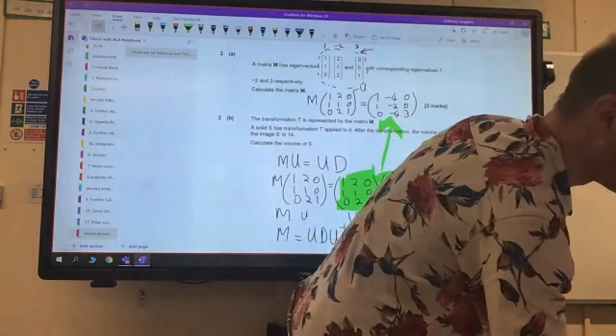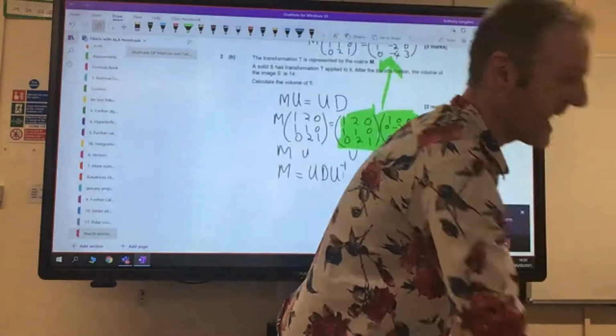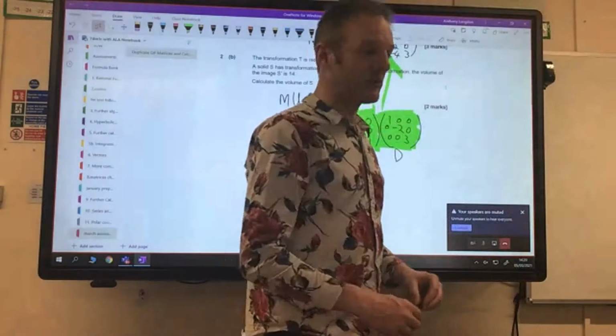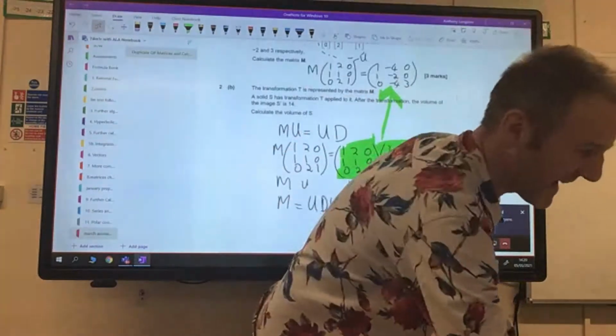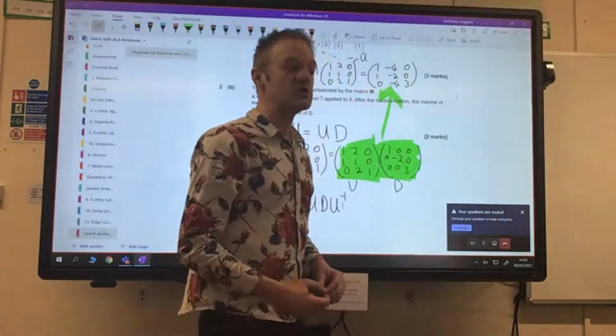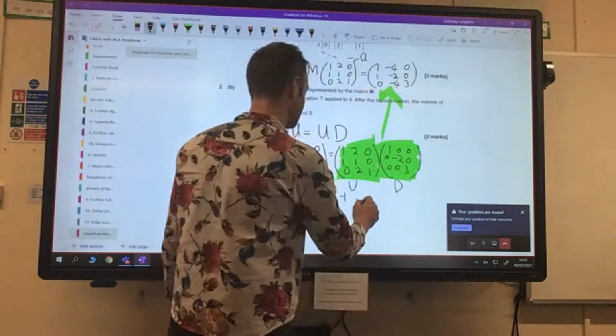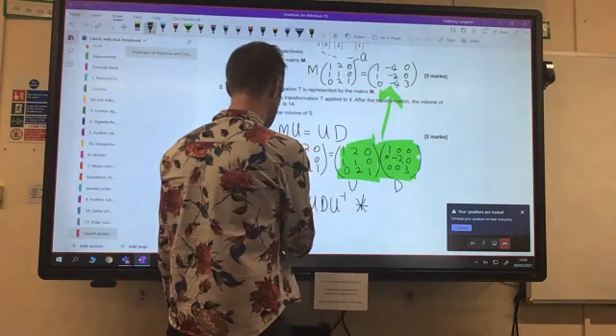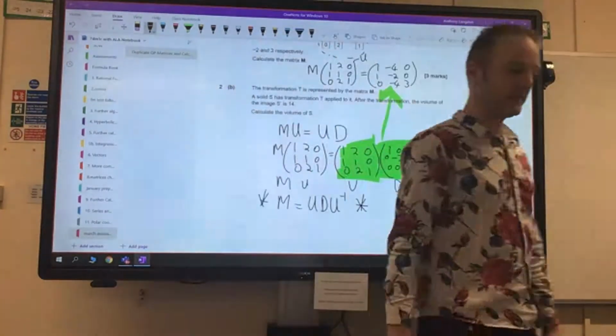Should you find the determinant of the matrix? If you were doing it by hand, that's what you would do. But if you're in an exam and you're in a hurry, what should you do at this stage? I've just put an asterisk. What should you do to calculate M?